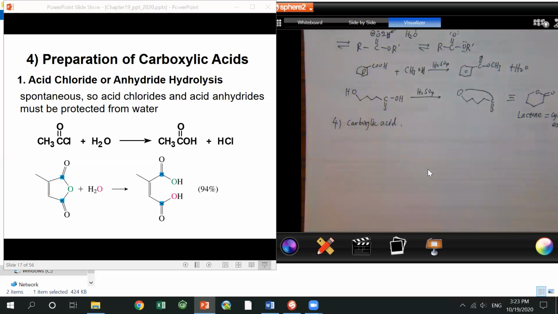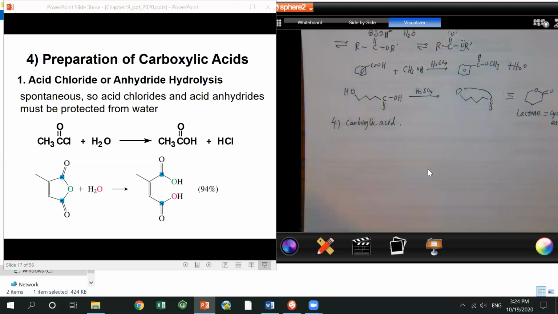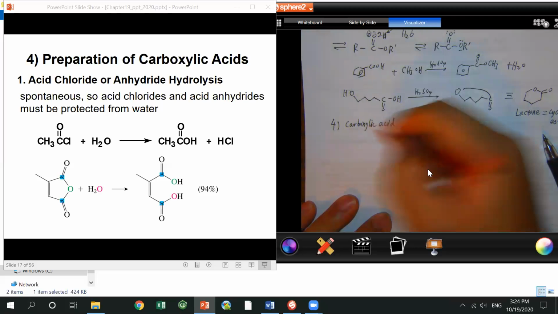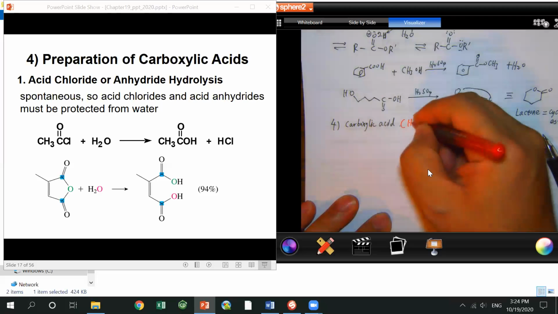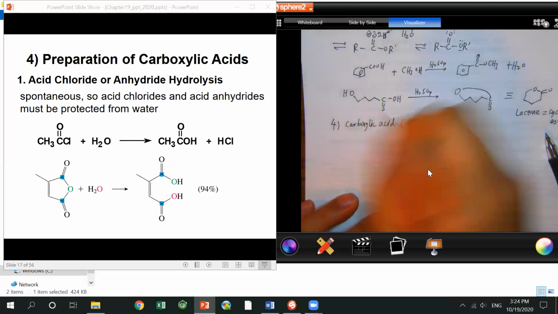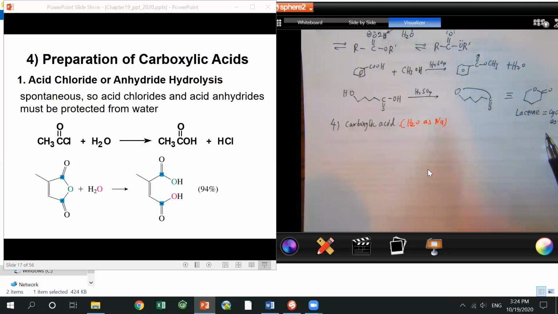Because acid chloride and anhydride are too reactive, they react directly with water. So if you want to make the carboxylic acid, keep in mind, just use water as a nucleophile. If you want to make an ester, remember to use alcohol; for acid, use water.